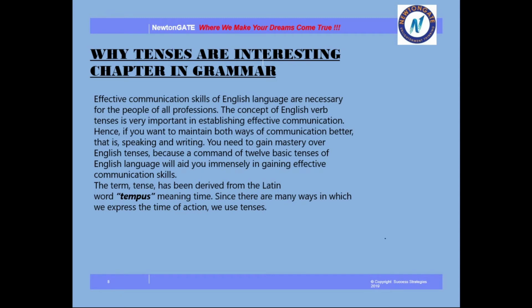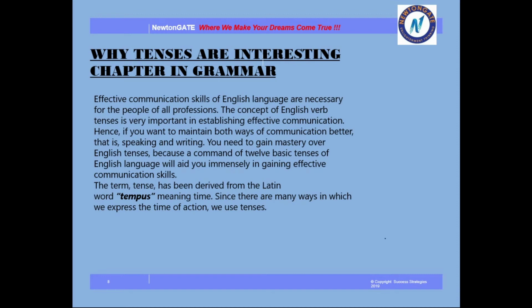Now the concept of English verb tenses is very important in establishing effective communication. Hence, if you want to maintain both ways of communication better, that is speaking and writing, you need to gain mastery over English tenses, because a command of the 12 basic tenses of the English language will aid you immensely in gaining effective communication skills.